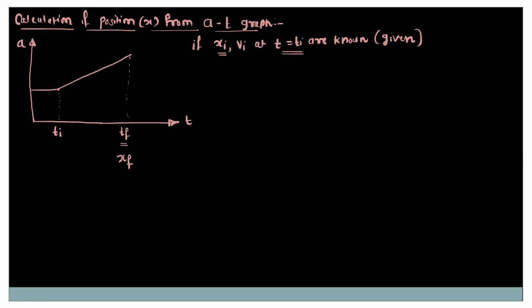So the formula to find out the xf, the final position when time t is equal to Tf. So it is given by xi plus vi into t plus area under the AT curve.